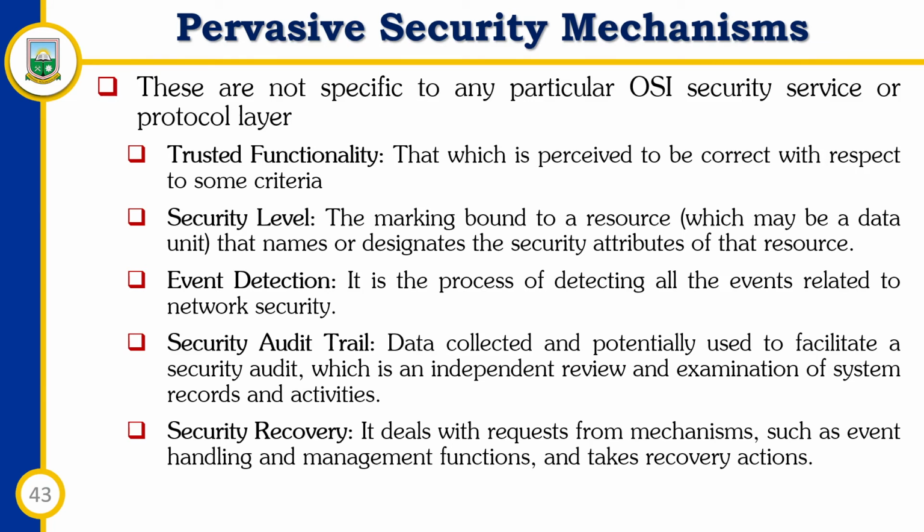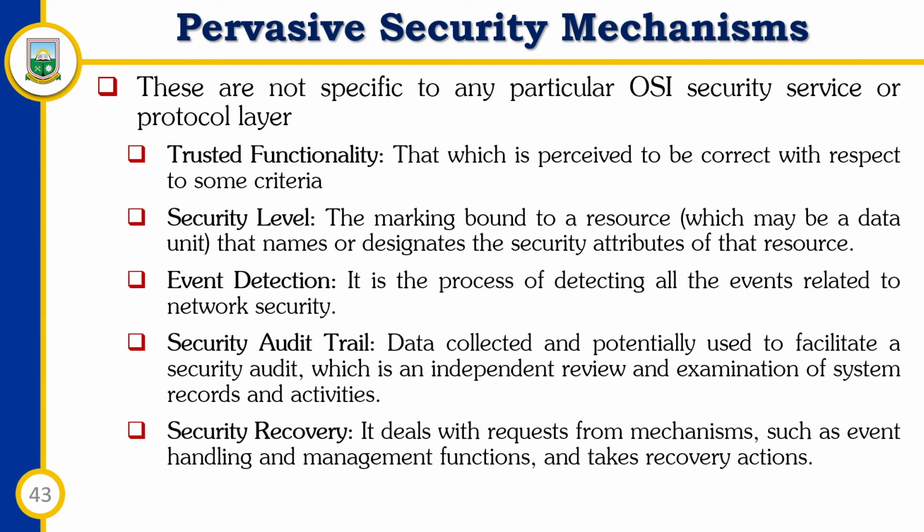All right. So the other security mechanisms are the pervasive security mechanisms. So now let's talk about such security mechanisms. These are not specific to any particular OSI security service or protocol layer that we've talked about in the previous slides.